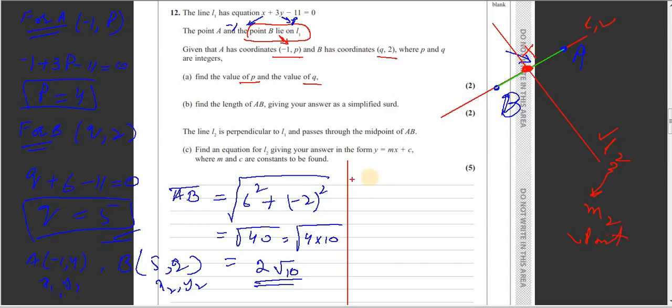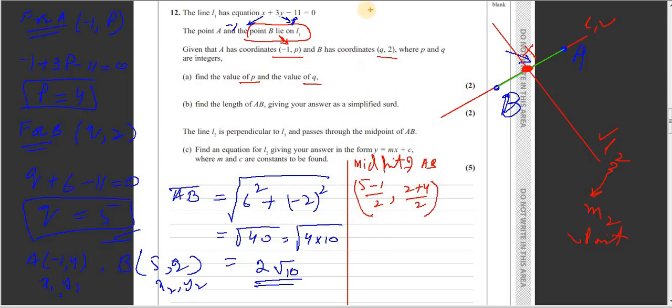It is the midpoint. So the coordinates of A and B are -1, 4, and 5, 2. So the midpoint of AB is 5 minus 1, so 5 minus 1 by 2, comma, 2 plus 4 divided by 2. This is the midpoint.